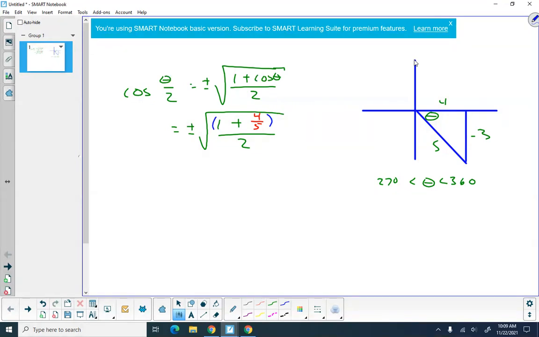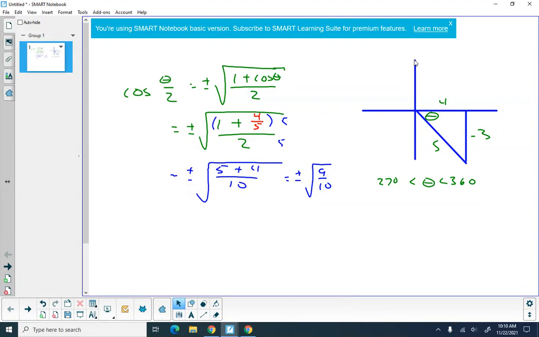If you want to multiply through top and bottom by a value of 5, that is fine also. So we're left with plus or minus square root of (5 plus 4) divided by 10. 5 plus 4 is 9. So we have plus or minus square root of 9 over 10.